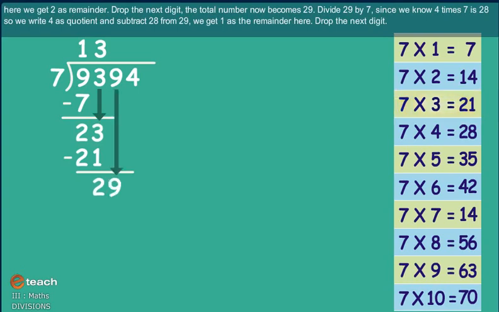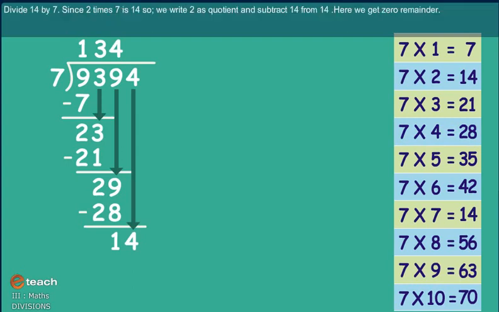Drop next digit. Total it becomes 29. Divide 29 by 7. Since we know 4 times 7 is 28, we write 4 as quotient and subtract 28 from 29. Remainder we get 1. Drop next digit. Divide 14 by 7.